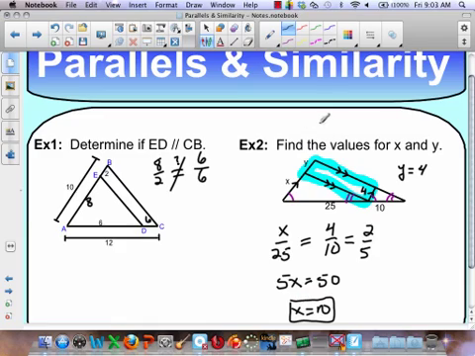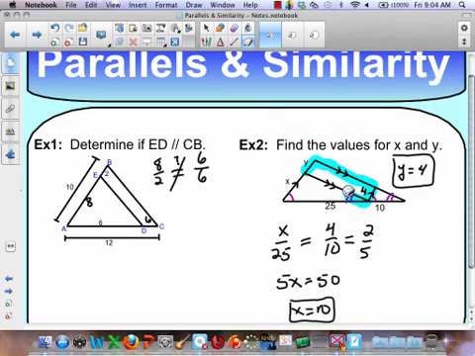And I do agree that it is 4, but how could you verify that? By setting up another proportion. Okay, well how? Alright, well if we look at the big triangle itself, the whole triangle, let's highlight that.